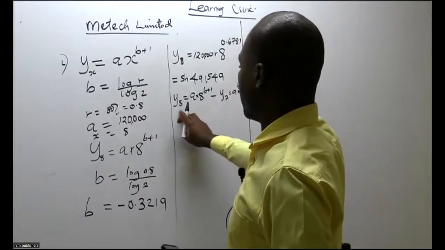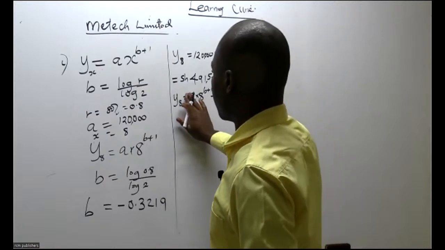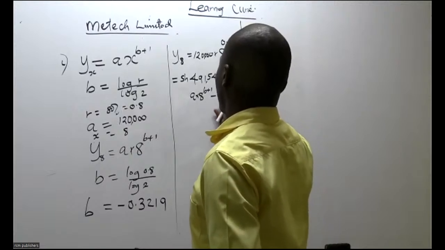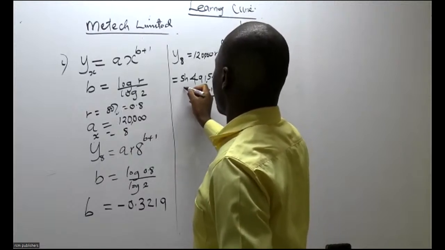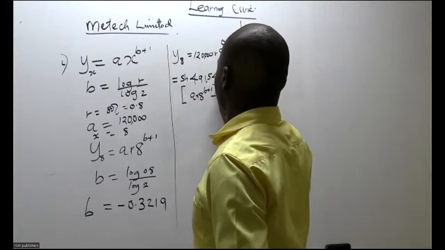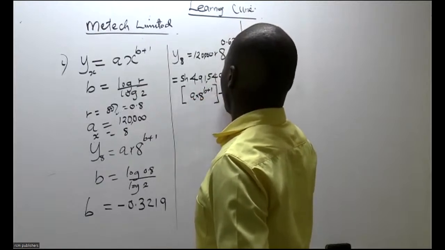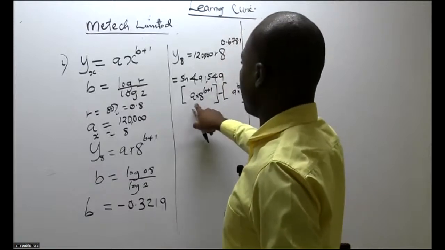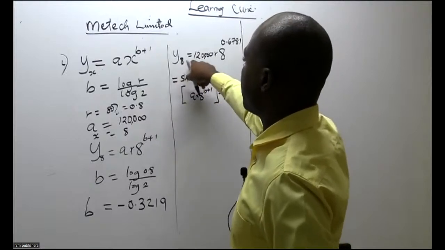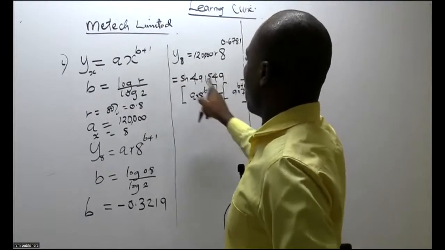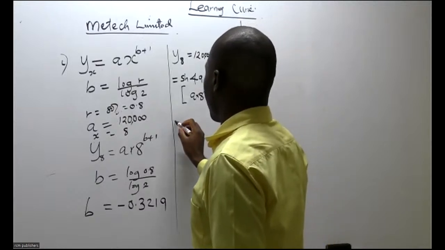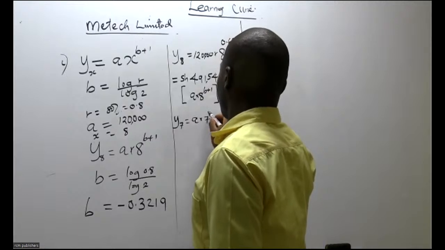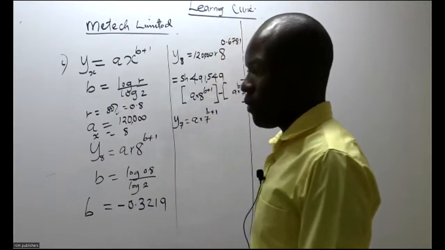So it will give us y equal to this, or you just give us this one here, just indicate that way without indicating equal to. It will be this minus what we have on this other side. Because we already have the cost of producing the first 8 batches, it is what we've calculated here. What we need to look for is basically y of 7 equal to a times 7 raised to power b plus 1.